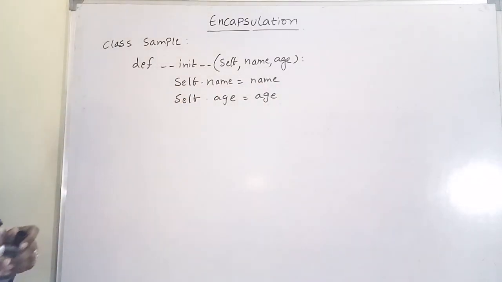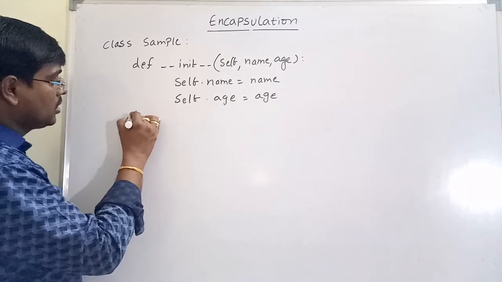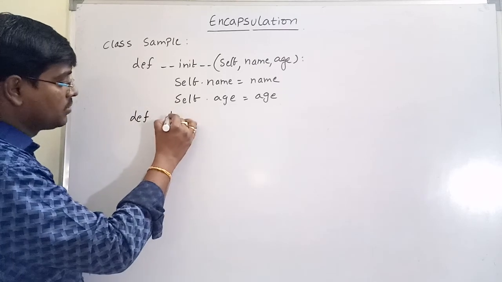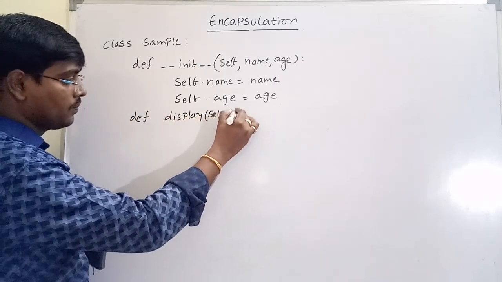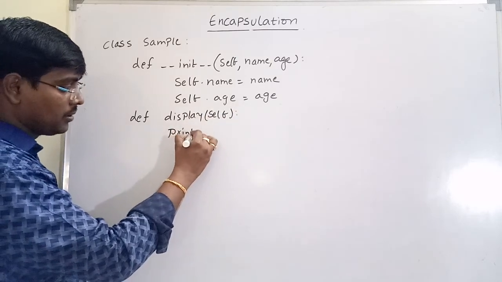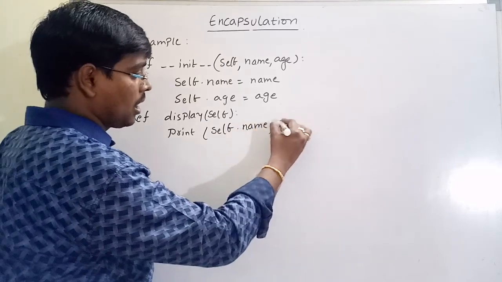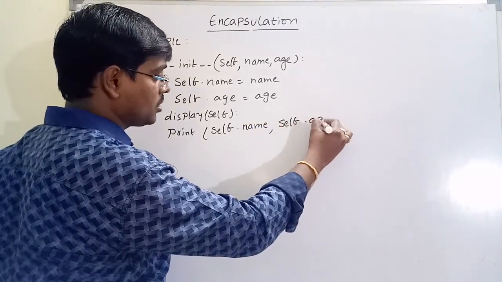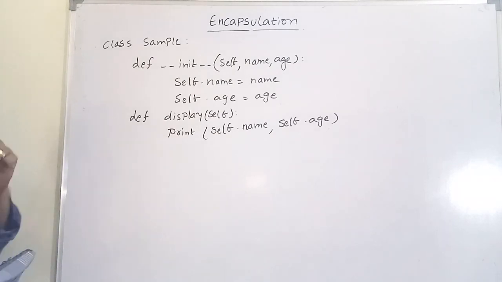Next, define a display function: display of self, print self dot name, comma, self dot age.